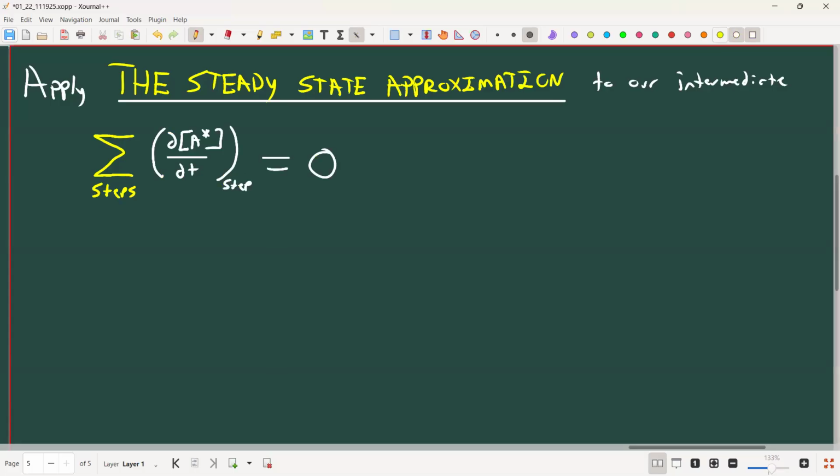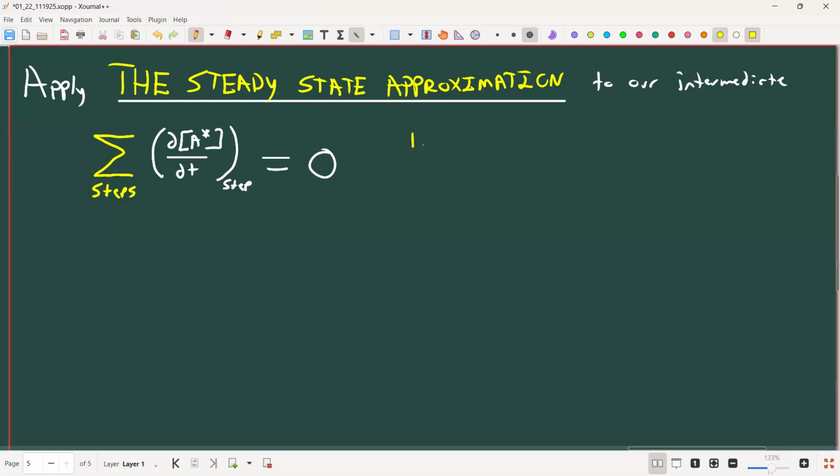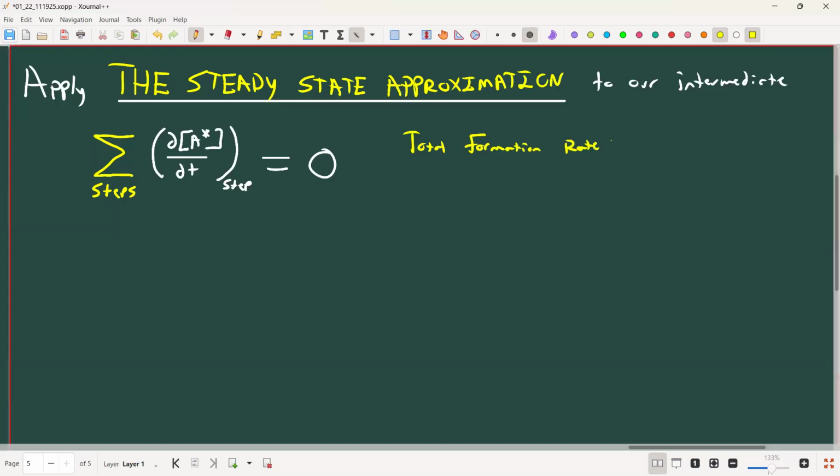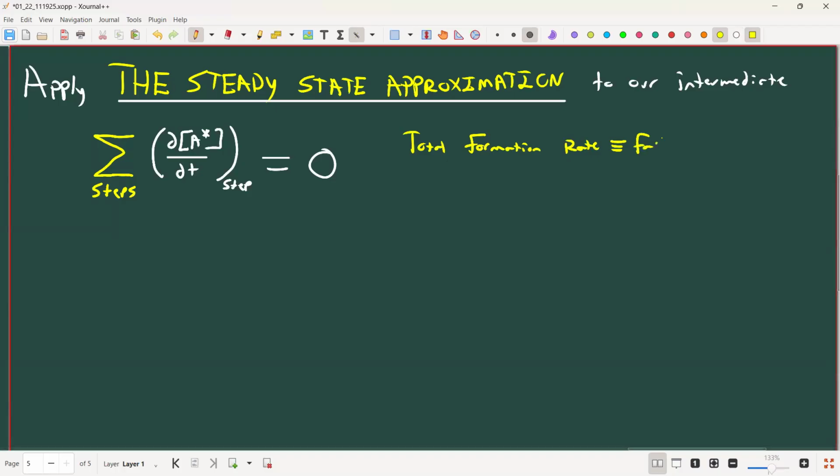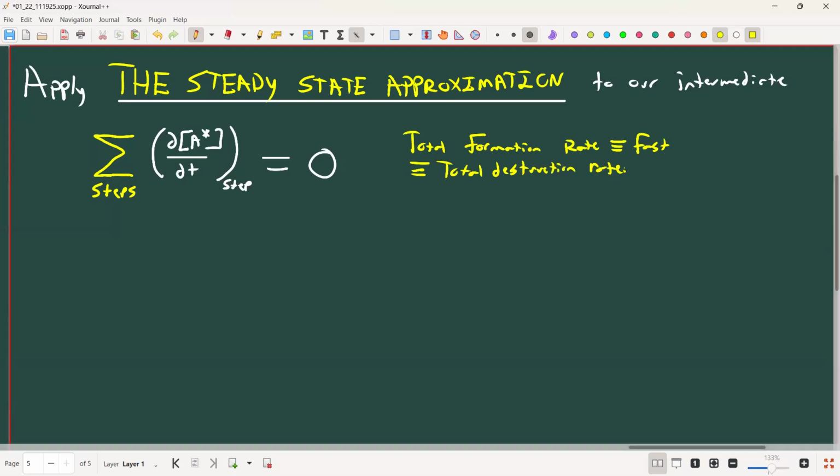that rate for each step is equal to 0. Okay. So the total rate of formation is fast, and it's equal to the total destruction rate. Okay. Well, all the rates. So all we have to do now is say, okay, if we sum the rate law for the creation and the rate law for destruction, that whole thing should be equal to 0.